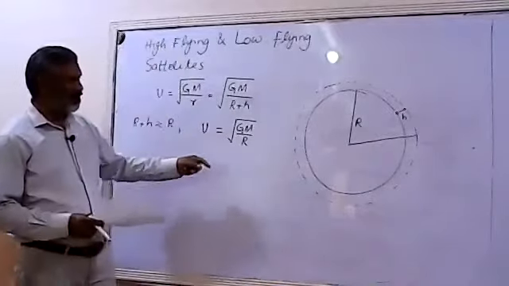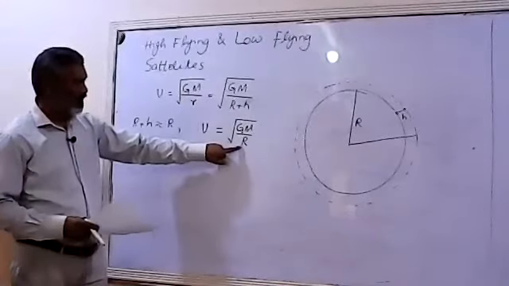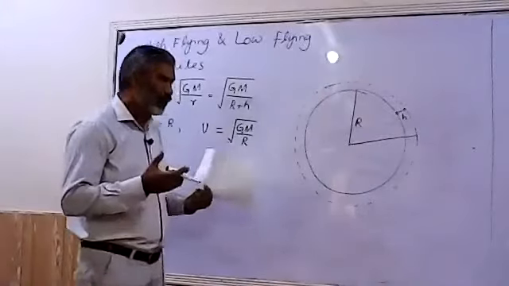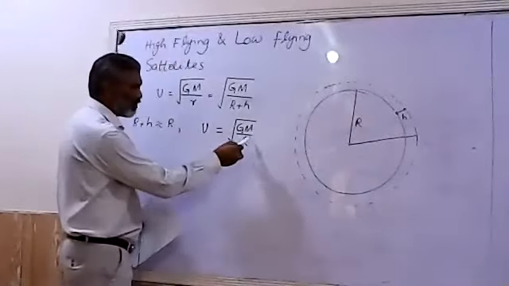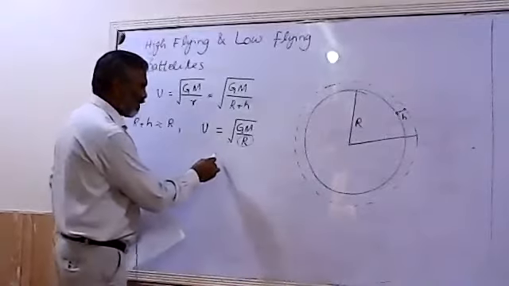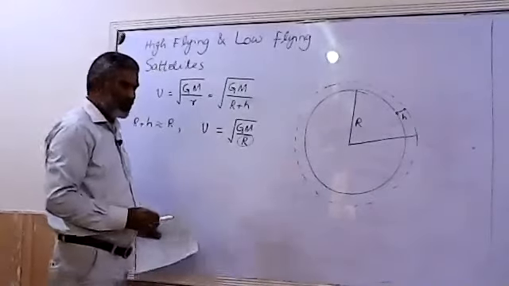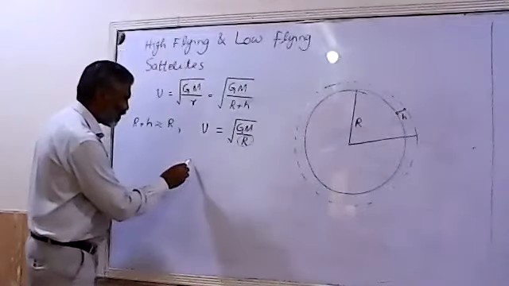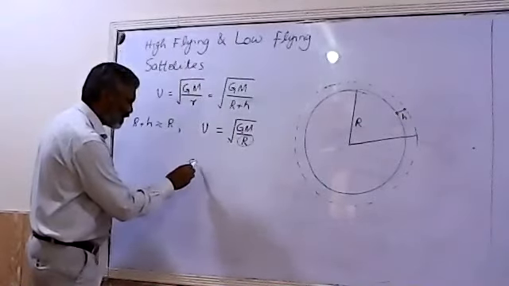The significance is that this is the radius of the Earth. This is a more definite value here now.